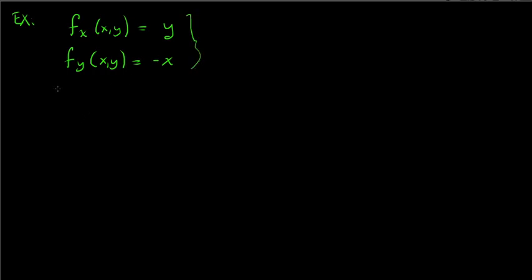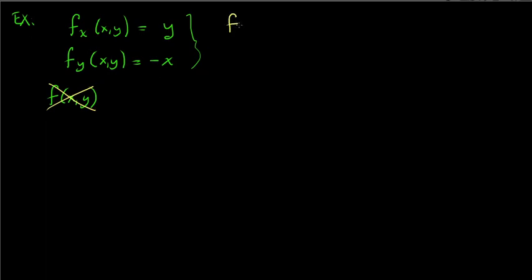See if you can come up with a function, f of xy, that satisfies both of these partial derivatives. Got it? Yeah, I hope not, because it's impossible. There is no such function.